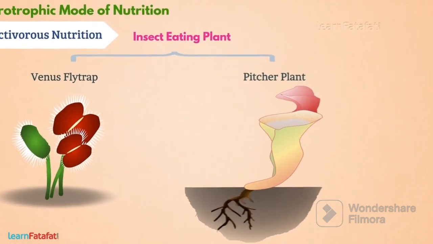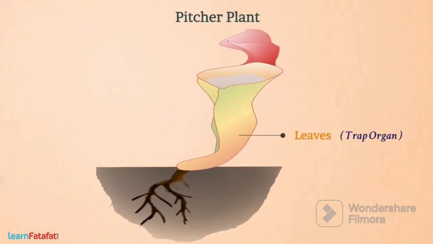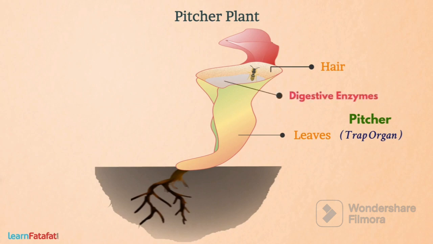Parts of their body, such as leaves, are modified into trap organs such as the pitcher, which helps in catching the insects. The hairs present in the pitcher hold the insect and do not let it escape. With the help of digestive enzymes, they digest the food and obtain nutrients from it.